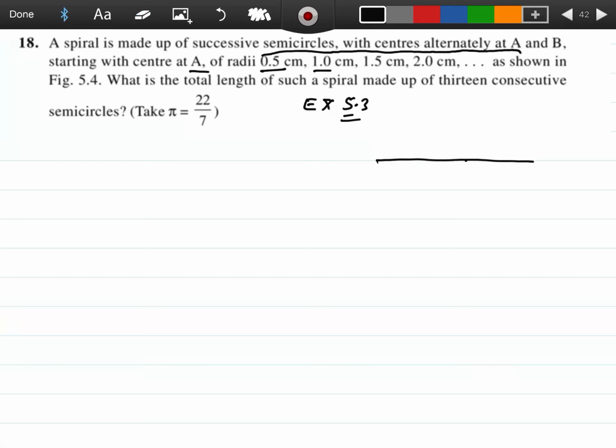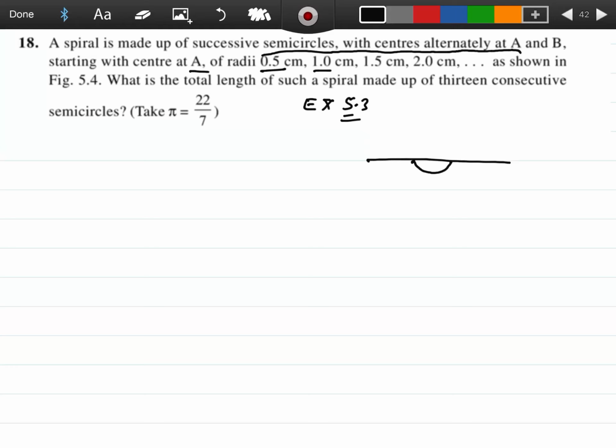This is A and this is B. This is the first semicircle with center A.